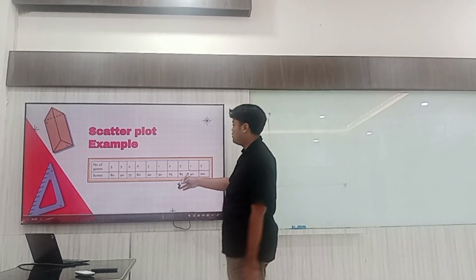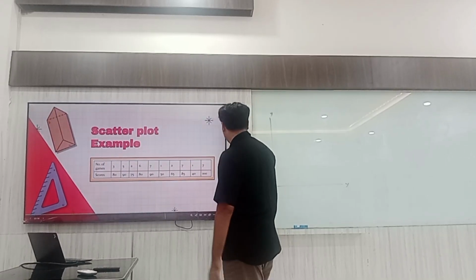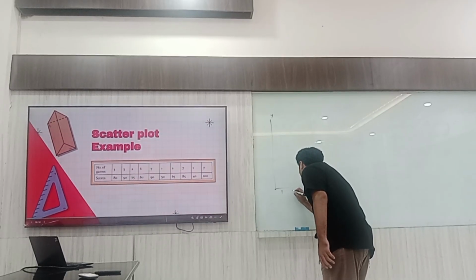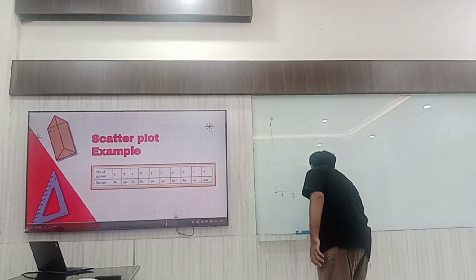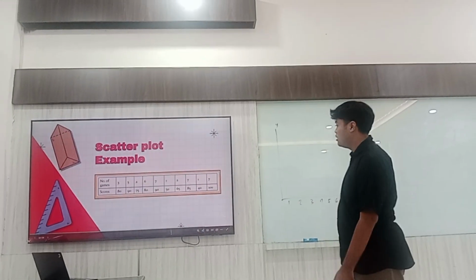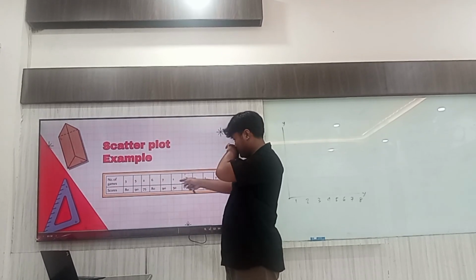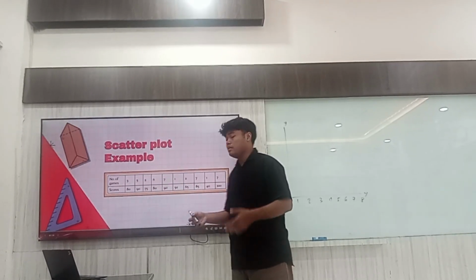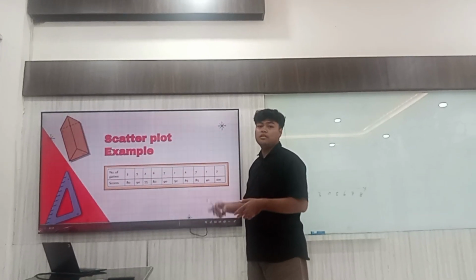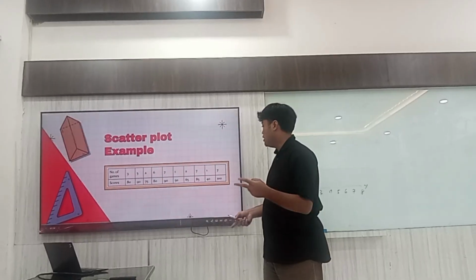The x-axis has values like 1, 2, 3. The x variable is the number of games played: 1 means I played once, 2 means I played twice.